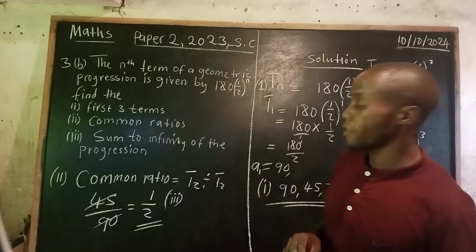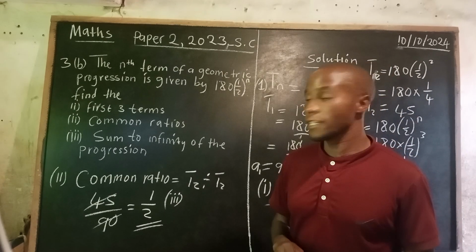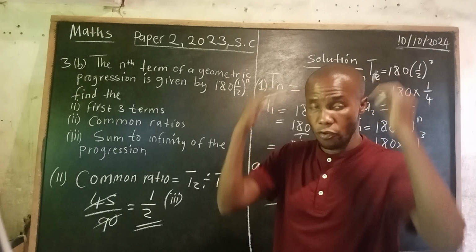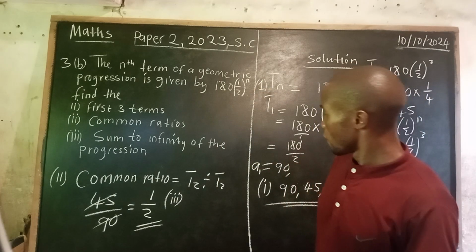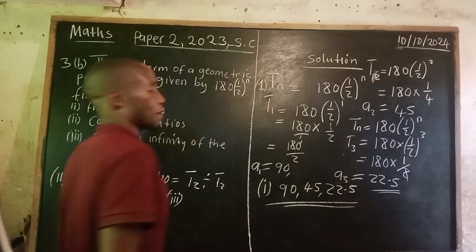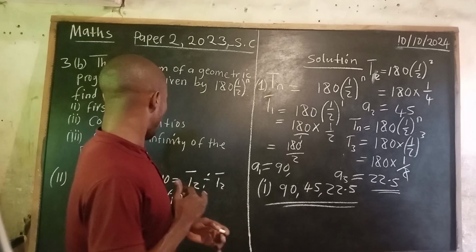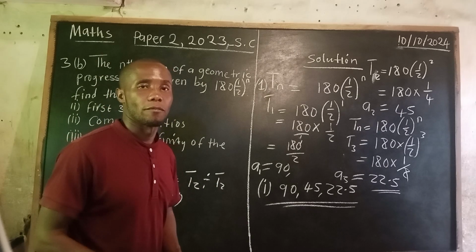But as a learner, you should not depend on that. You have to master them in your brain so that you do them fast. Mathematics is actually about time. You have to beat time.